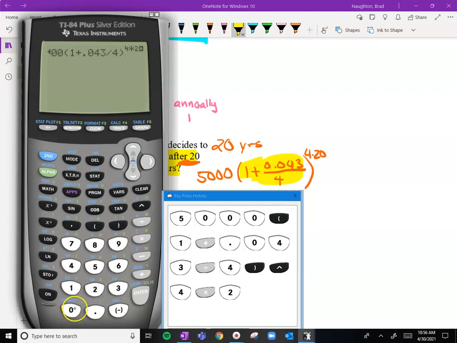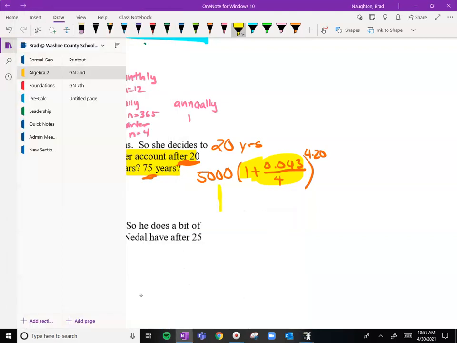Now, some of you are going to have to put parentheses around that big number up here for your exponent, that 80. But most calculators, we can just plug it in and hit enter. So I get 11,761.69.